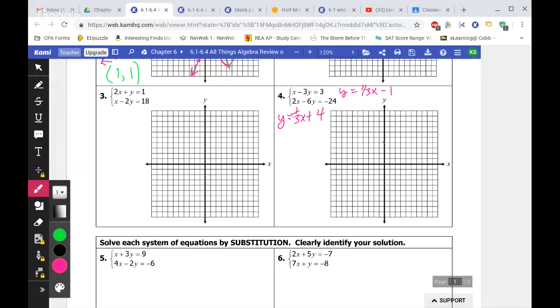We're going to start with that second equation, and its y-intercept is 4. Its slope is 1/3, and it's positive. So that means we're going to travel in either two positive directions or two negative directions. So if I go up 1, positive direction is right 3.